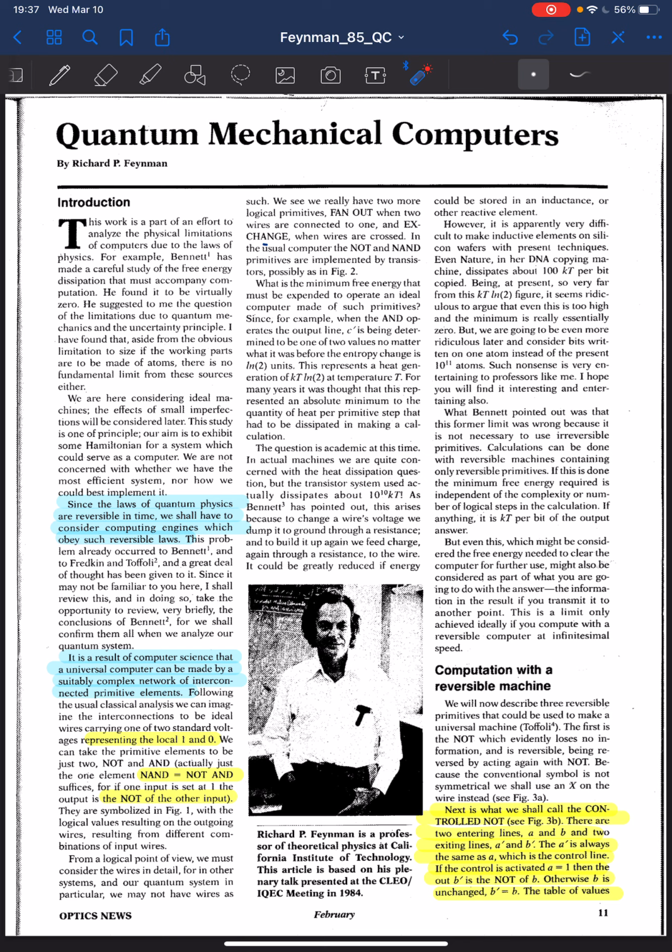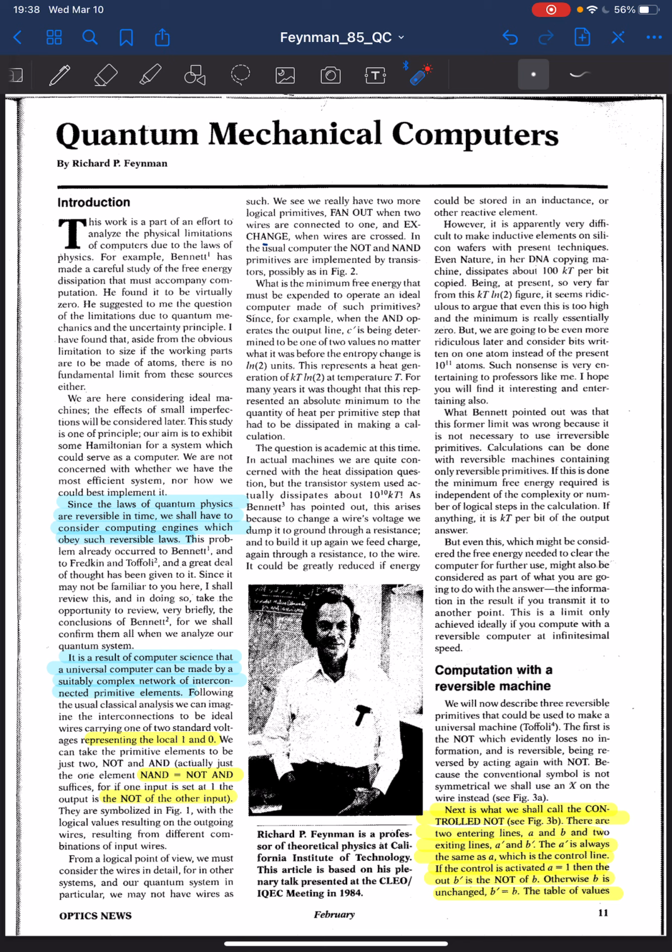This is the article in which he discusses the possibility that classical computers can be updated by quantum computers to simulate many important physical theories. He mentions the fact that quantum physics laws are reversible in nature, so we have to consider quantum computing machines which also obey such laws.